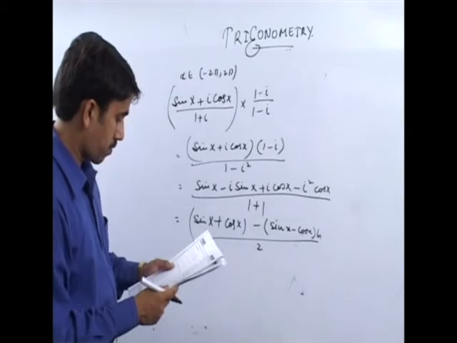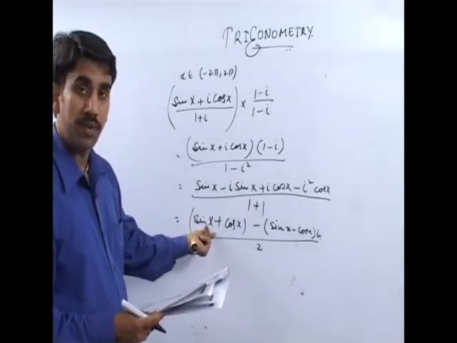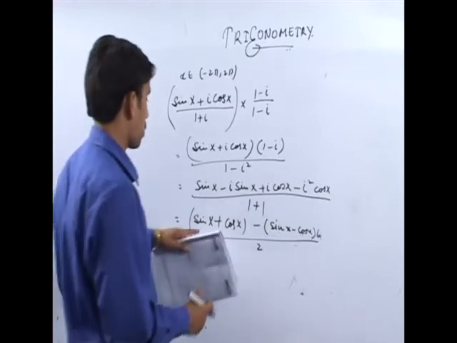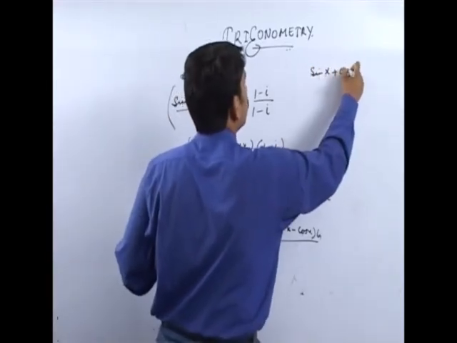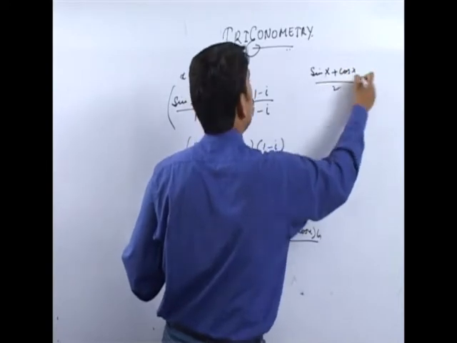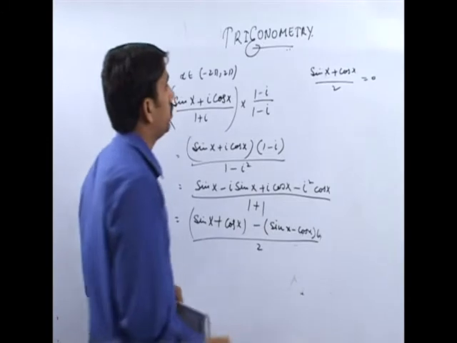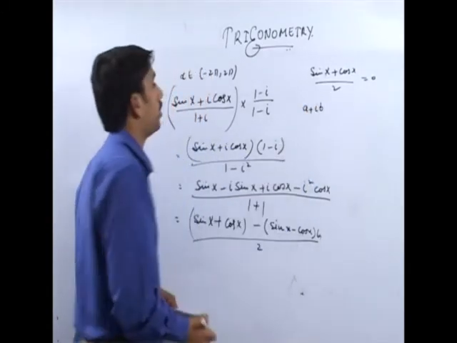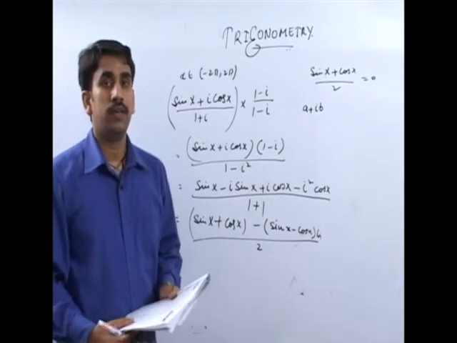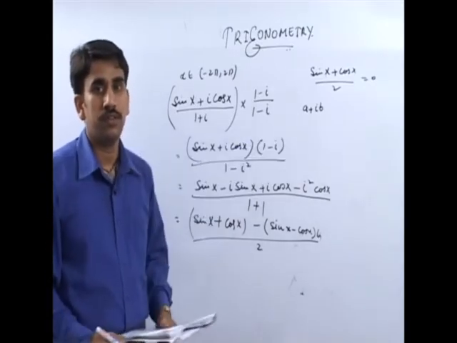Now this expression will be purely imaginary if (sin x plus cos x) divided by 2 is equal to 0. That means when its real part is 0, because we know that if you have a complex number a plus iota b, then it is purely imaginary if the real part is 0.